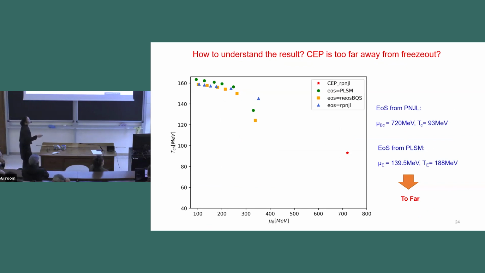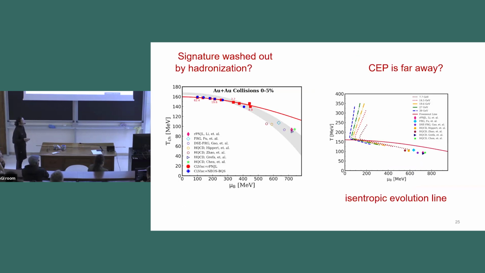So we carefully analyzed the reason why we didn't see the peak structure. Eventually we found that our freeze-out is actually very far away from the location of the critical endpoint.